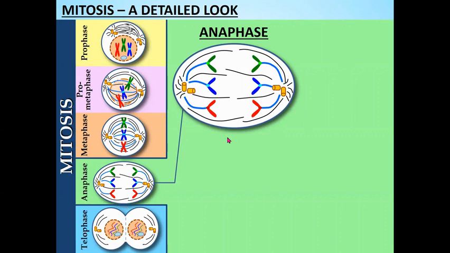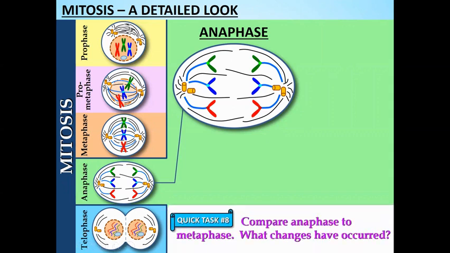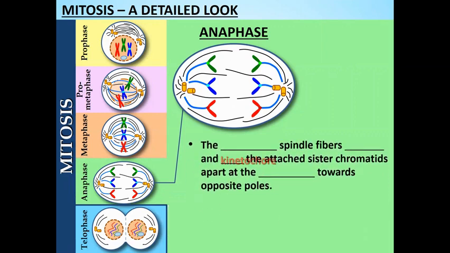All right, here we go. So it says compare anaphase to metaphase. What changes have occurred? Okay, so during the anaphase, the spindle fibers again shorten, and that pulls those sister chromatids apart, and they go towards opposite poles.